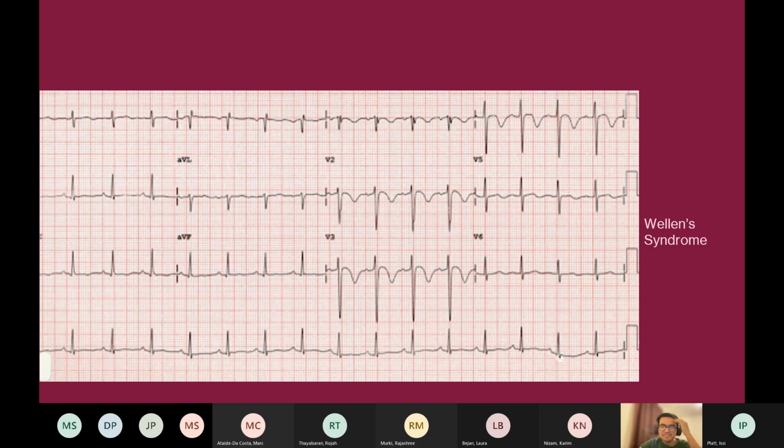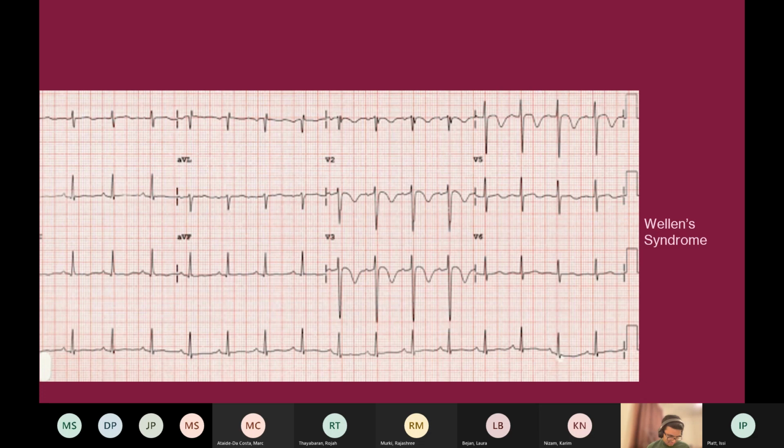Wellens syndrome is critical stenosis of the left anterior descending artery, and it is really defined on an ECG by deep symmetrical or biphasic inverted T waves in leads V1 to V4.